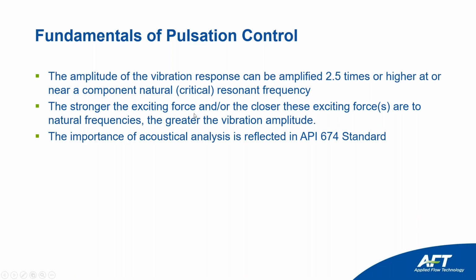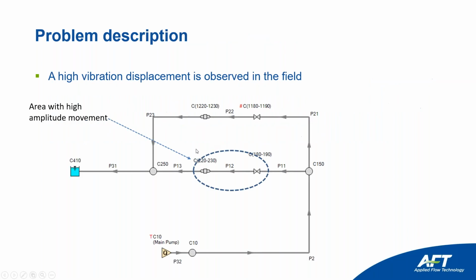The stronger the excitation force, and the closer these exciting forces are to natural frequencies, the greater the vibration amplitude will be. Now, API 674 shows the importance of the acoustical analysis, and it's reflected in its standard.